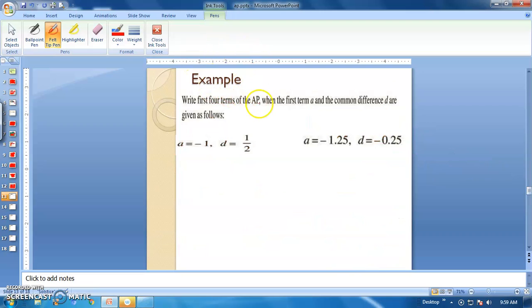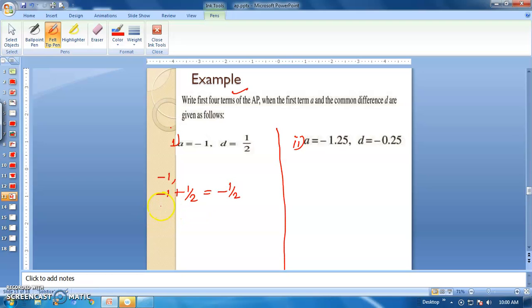Write the first 4 terms of an AP when the first term is a and the common difference is d, as given below. Here 2 subdivisions are there: this is the first subdivision, that is the second subdivision. They are asking to write 4 terms of the AP. The first term we can write is minus 1, and how can we write the second term? By adding d with this one: minus 1 plus 1 by 2 equals minus 1 by 2.